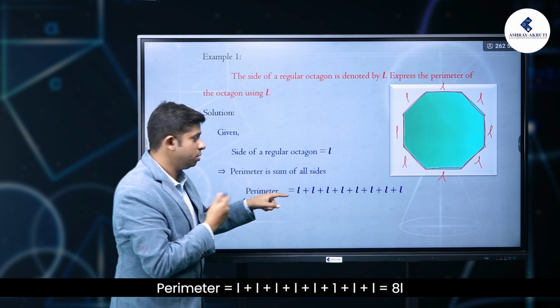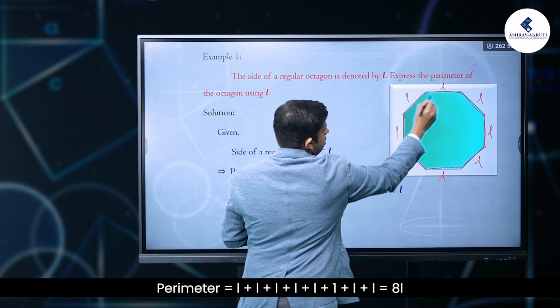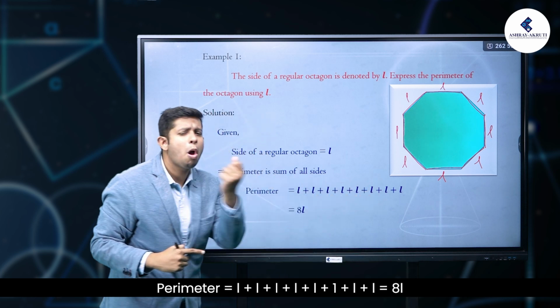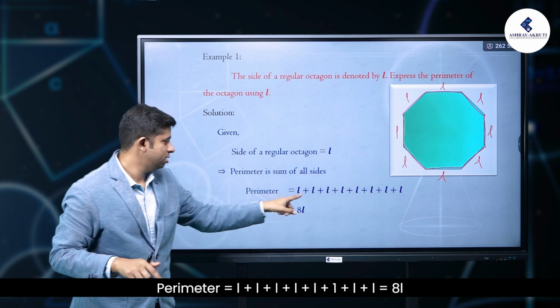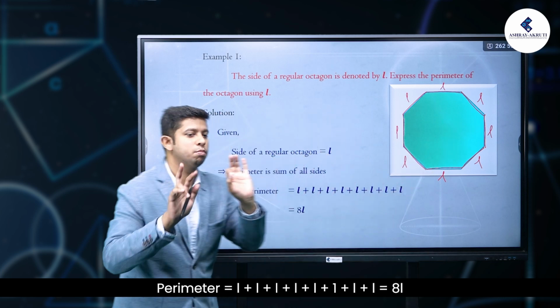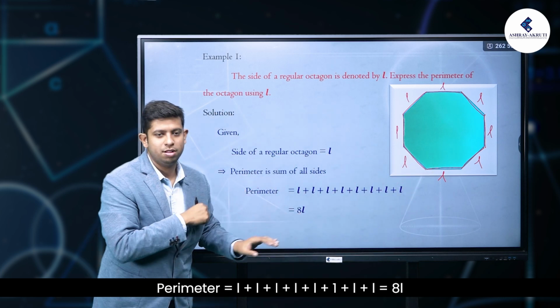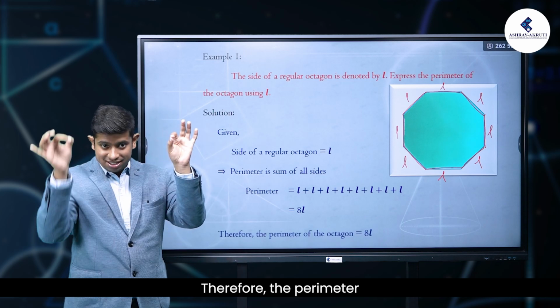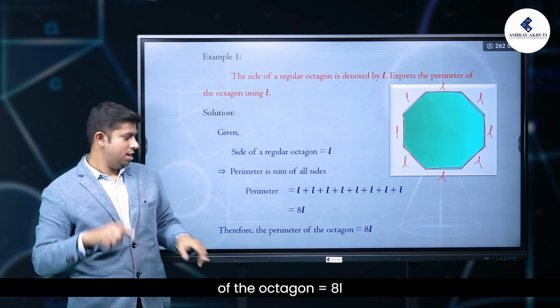Perimeter is equal to L plus L plus L plus L plus L plus L plus L plus L, which is equal to 8L. Therefore, the perimeter of the octagon is equal to 8L.